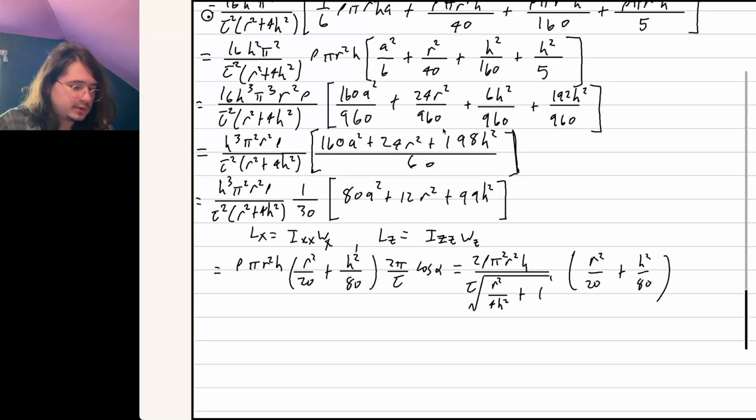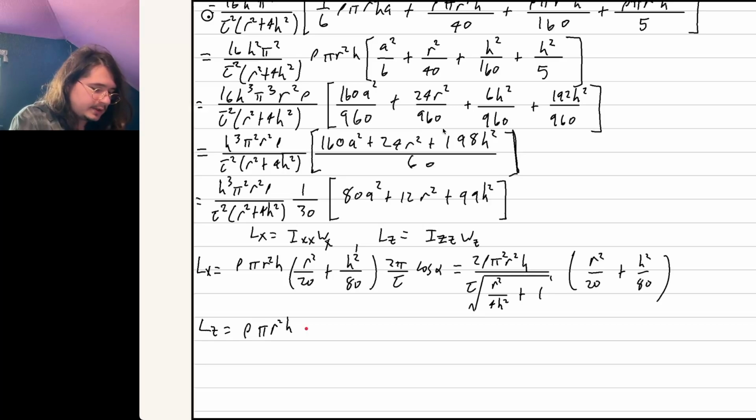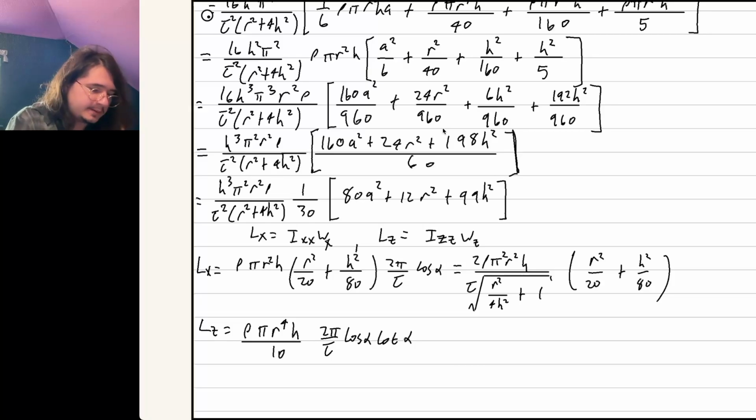Then Lz, that was Lx. Lz will be rho pi r fourth h over 10 times 2 pi over tau times cosine alpha cotangent alpha. Okay.